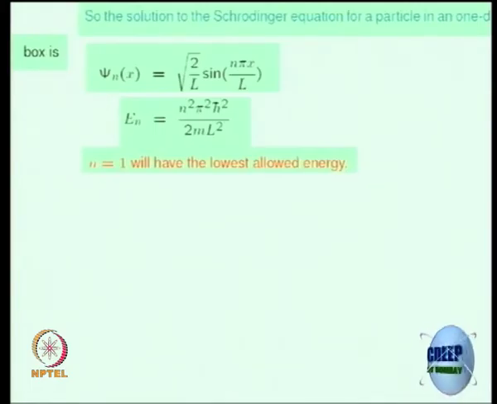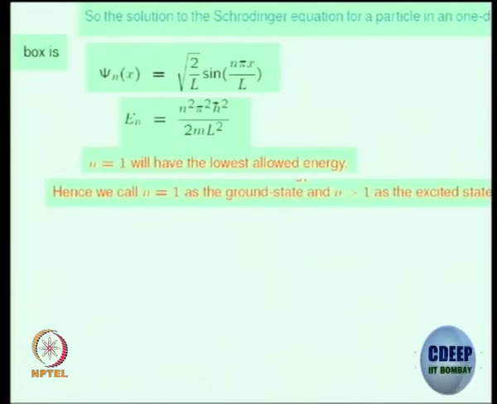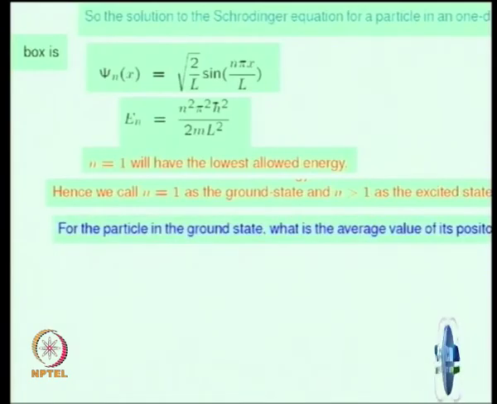So, the wave function psi 1, n equal to 1, is the lowest energy level, the corresponding energy is E1 which is equal to E naught, and n greater than 1 are the excited states.